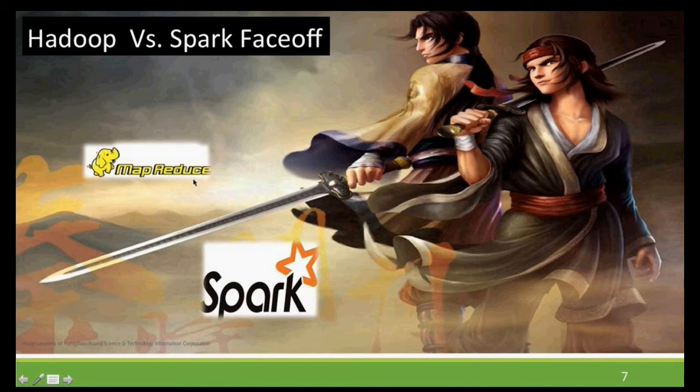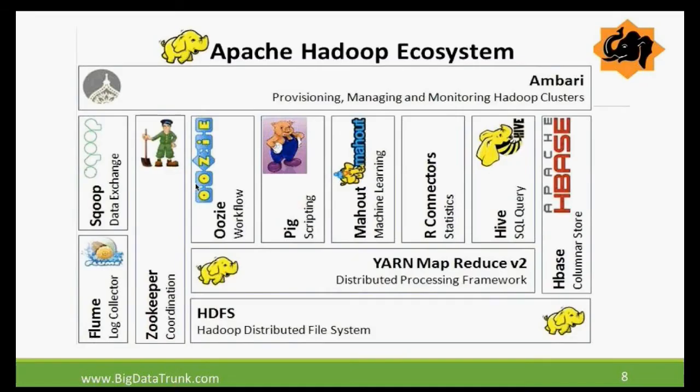What I was talking about, Hadoop has two parts, the storage part and the processing part. Spark is only providing the processing capability. Spark providing only processing capability is actually only competing with MapReduce. HDFS still remains, all those things still remain in existence. So let's do a quick face-off and comparison between these two.